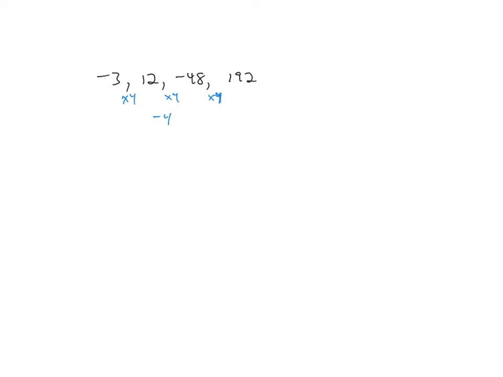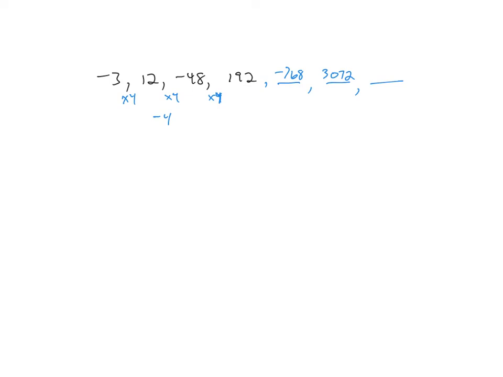192 times 4 is, so it said the next 3 numbers. So I'm going to get negative 768 times negative 4 again. I'm going to get positive 3072 times negative 4 again.